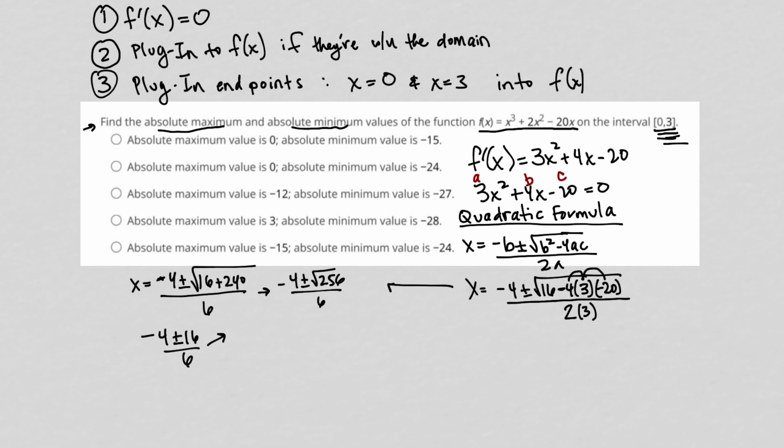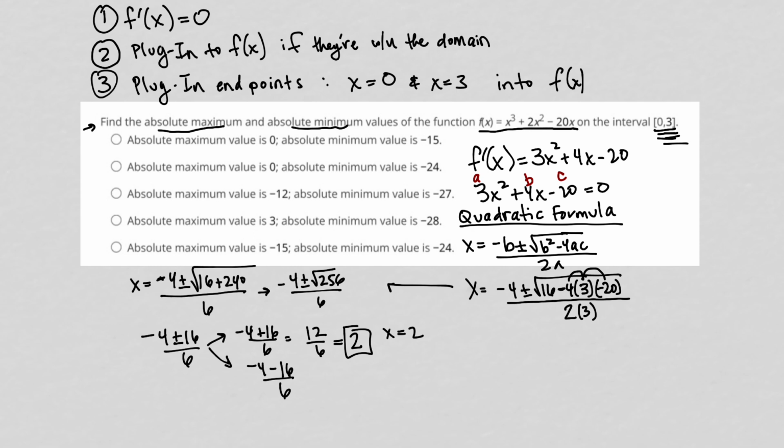I can break that into negative 4 plus 16 over 6 and negative 4 minus 16 over 6. Negative 4 plus 16 is 12, so 12 over 6 gives me 2, so there's an x equals 2 that I can use in my second step to plug into f of x.